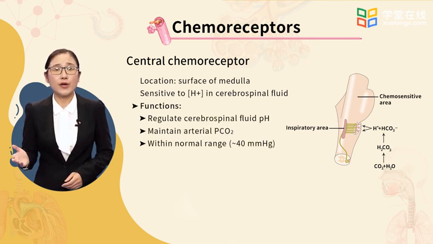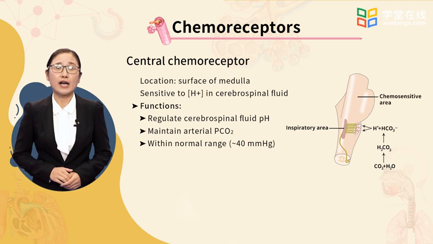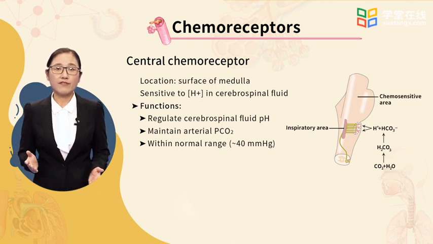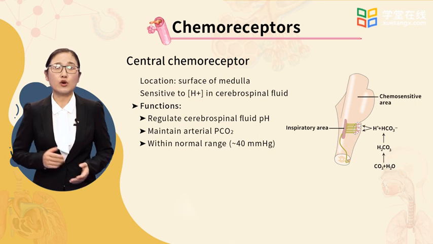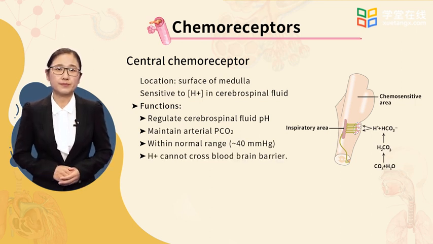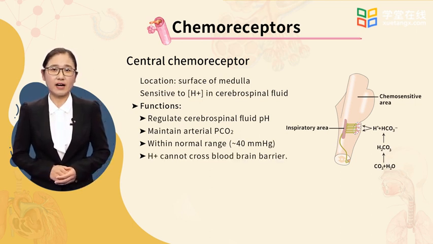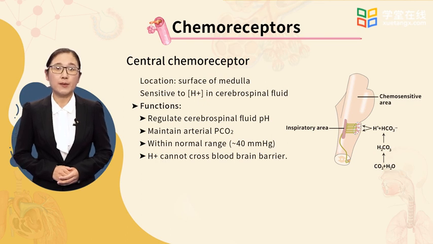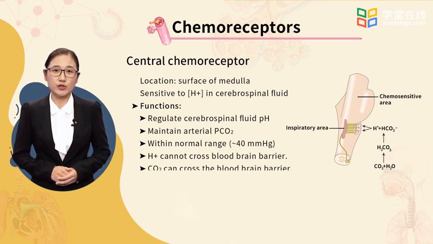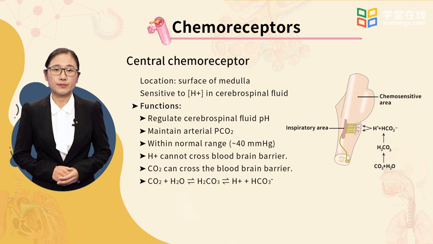Because this area is highly sensitive to hydrogen ions in the cerebrospinal fluid, and the pH is tightly controlled. However, hydrogen ion cannot cross the blood-brain barrier, so has less effect on the central chemoreceptor compared with change in blood CO2, which have a potential indirect effect.